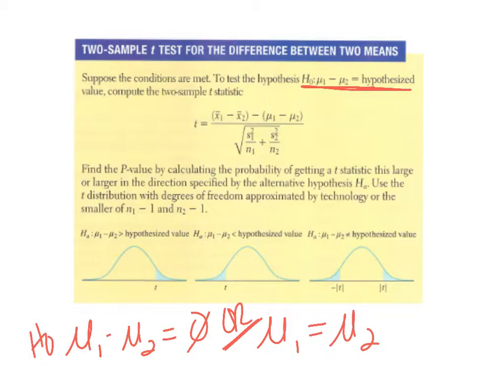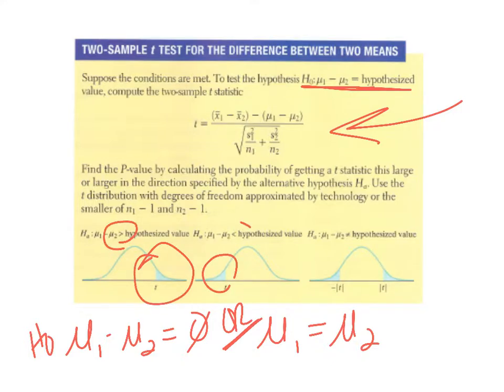Okay, so here's our test statistic. That's how we're going to find our t. We're going to find the p-value by finding the probability of getting a t statistic that large or larger, based upon what our alternative hypothesis was. To the right is when our alternative hypothesis is greater than.